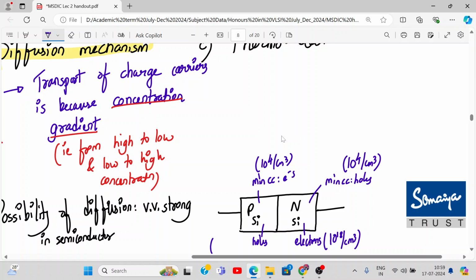So on the P side the majority hole concentration is 10 raised to 18, and when they go into the N side the concentration reduces to 10 raised to 4. The current flowing because of this diffusion process is called diffusion transport. Understood now?